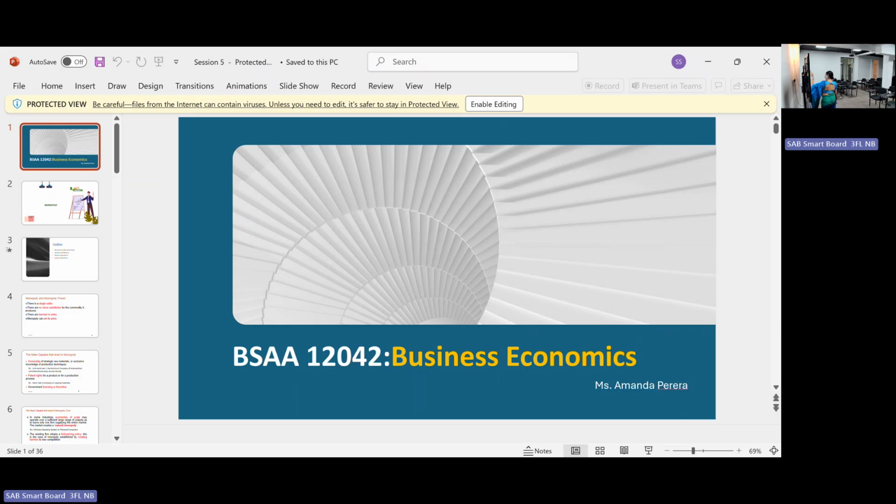If the average cost curve goes like here, then they are making losses.